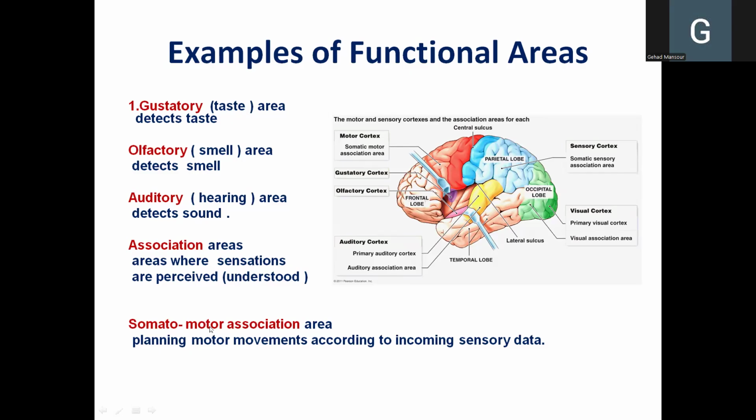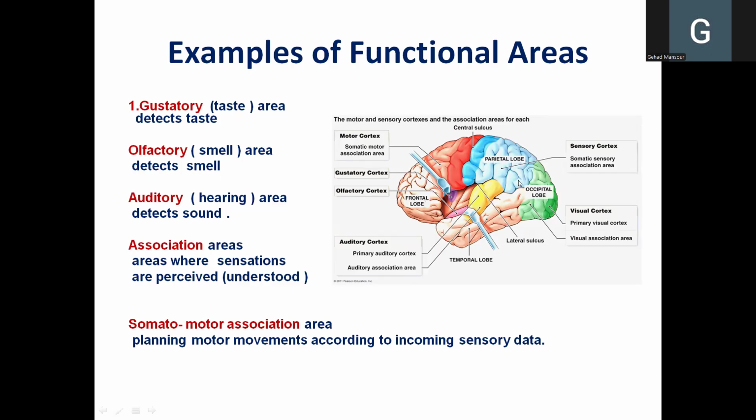And then we have the somatomotor association area. We talked about the somatosensory association area in the parietal lobe last time, which is responsible for integration and processing. We say integration first and then processing, because when you integrate data, you are gathering data, and then you start processing these data, seeing what data have relations to each other, what data should be filtered, which data are more important than others.